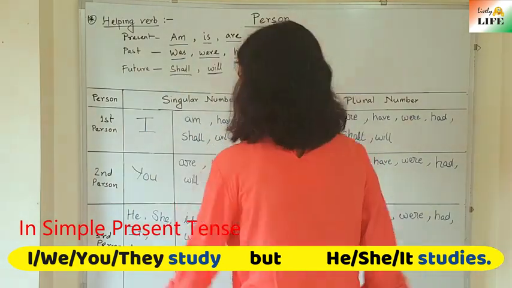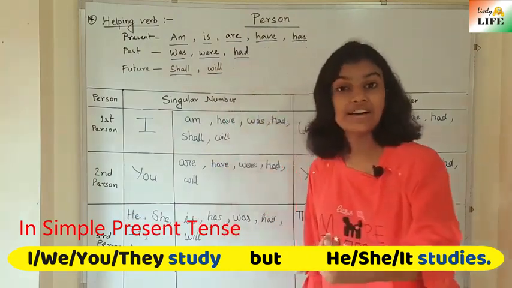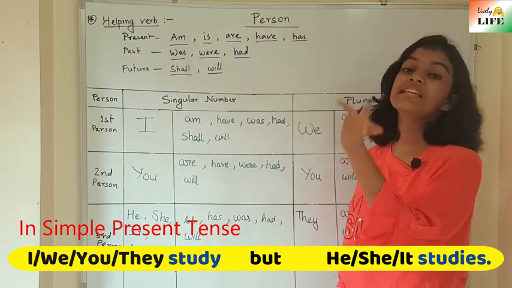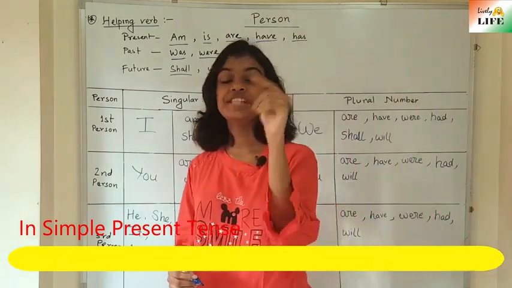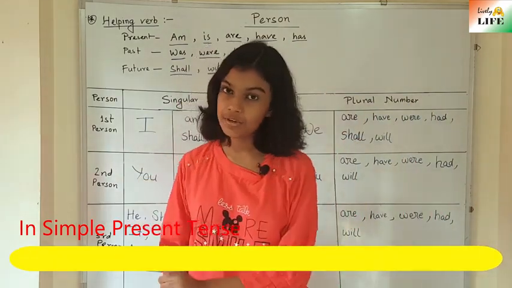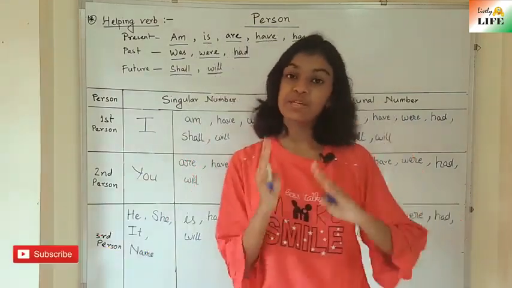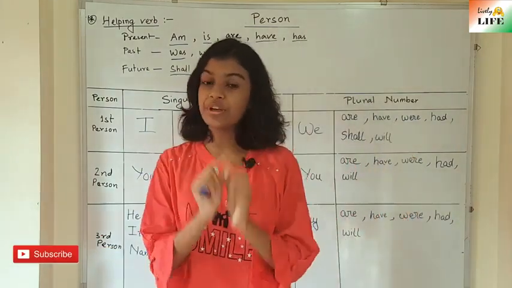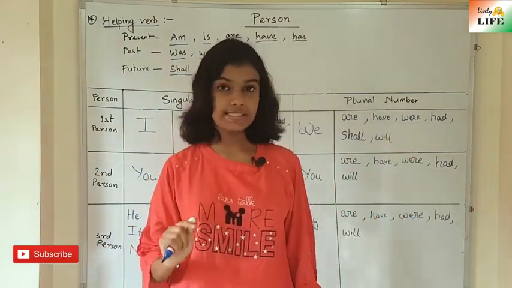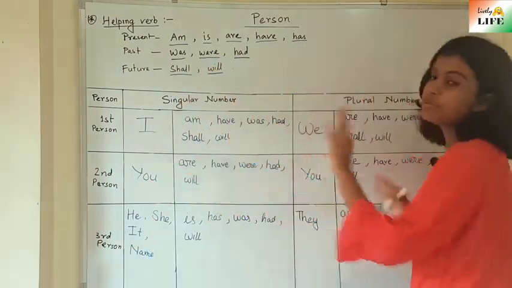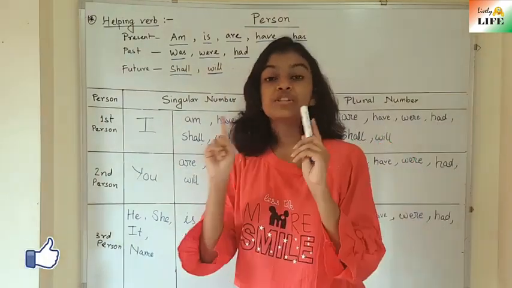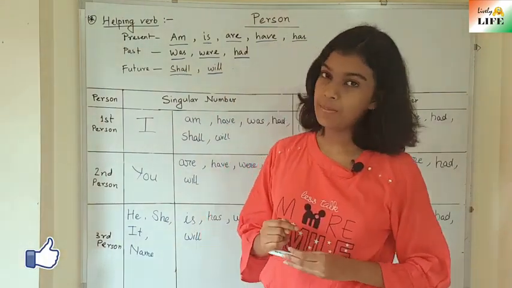Okay, so he studies. Okay, he studies in class 8. He plays, she plays. Okay, so we are going to add s or es only after third person singular number. Okay, but the rest will be the same. Okay, so this is a point to be remembered.